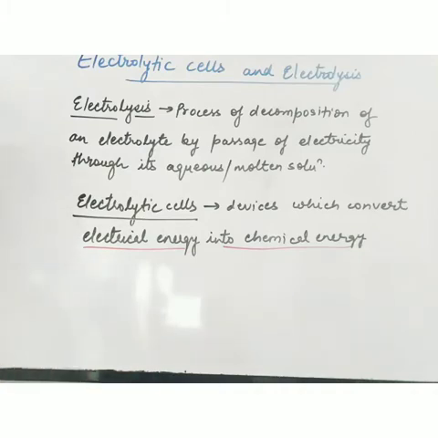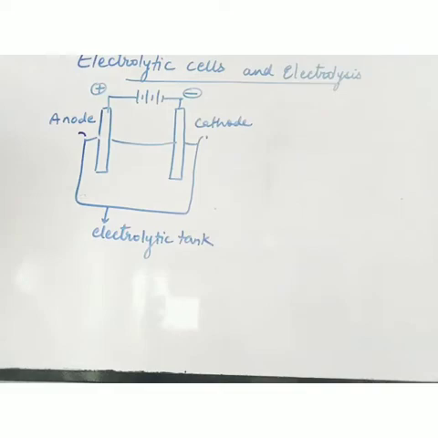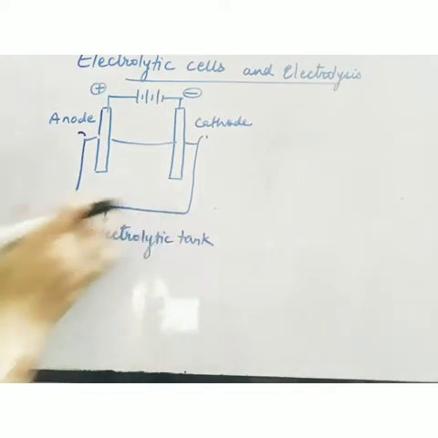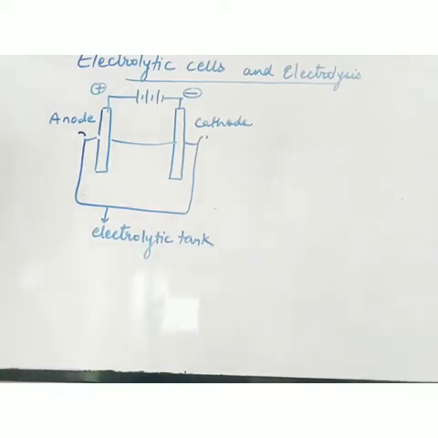What type of reaction takes place in an electrolytic cell? This is a simple diagram of an electrolytic cell. You can see a vessel which is containing the solution, and this vessel is known as the electrolytic tank. This tank can be made up of glass or any material which should be a bad conductor of electricity.